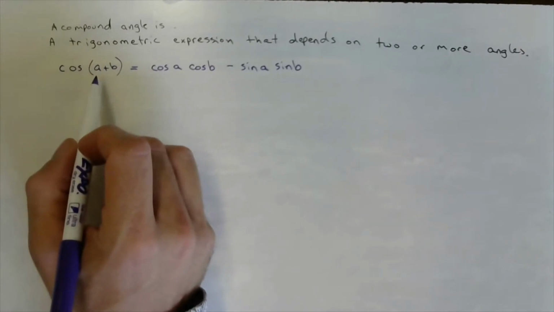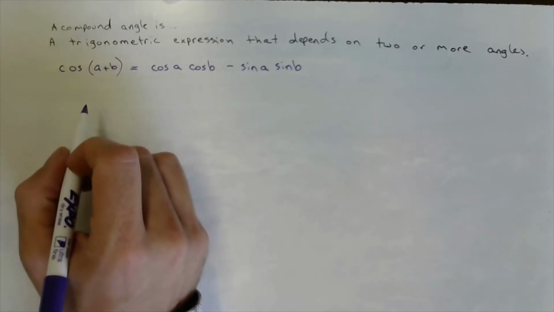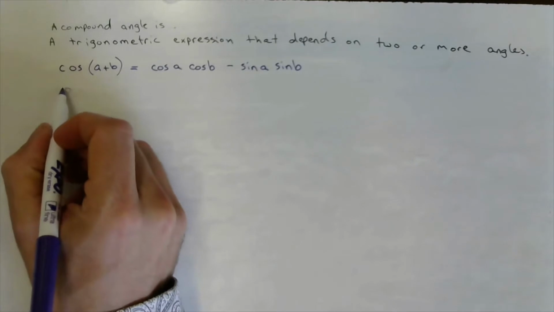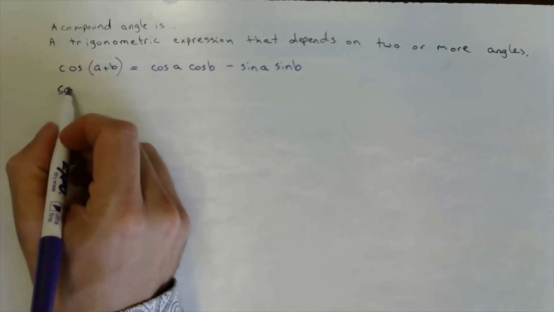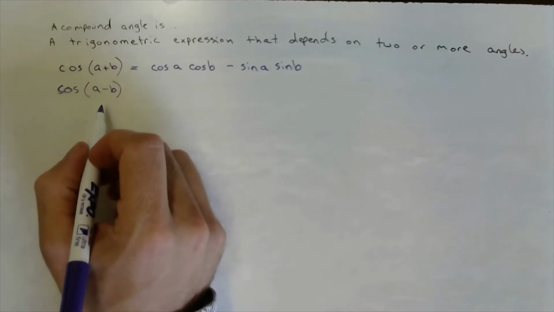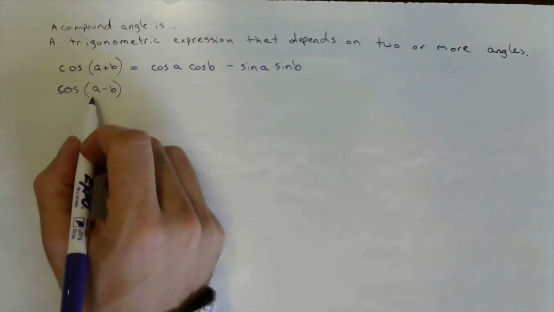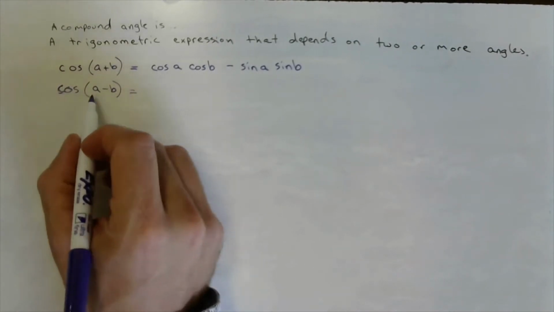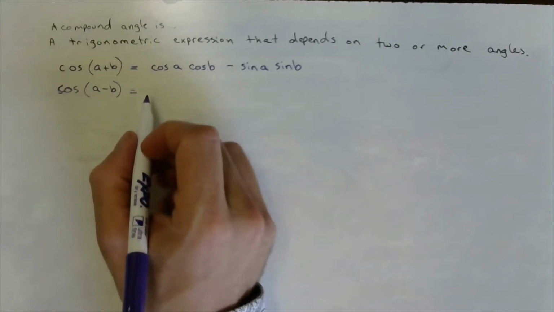We also have a subtraction formula for cosine. Cosine of A minus B. So let's say you can break up an angle and call it A minus B, where A and B are special angles. It's helpful.